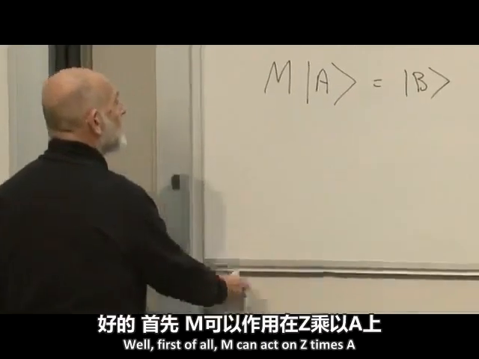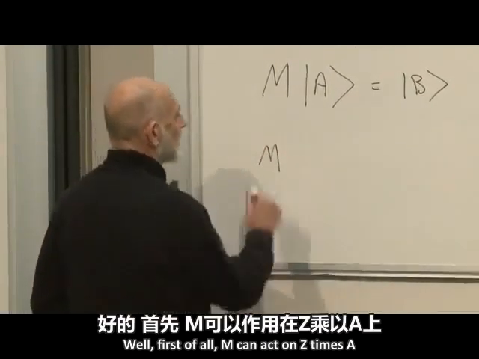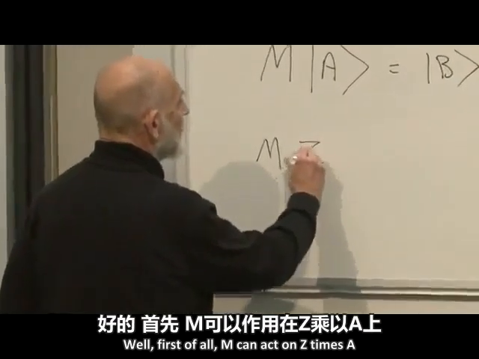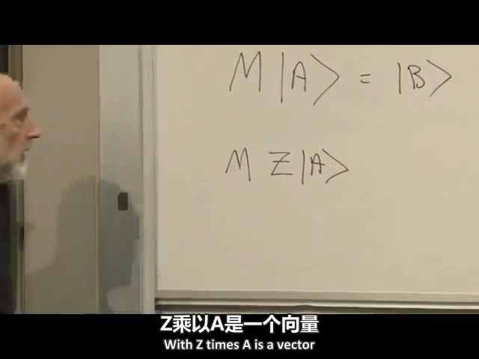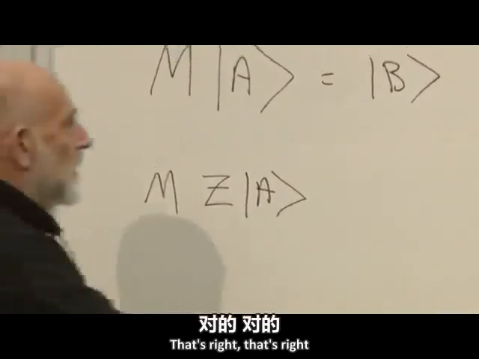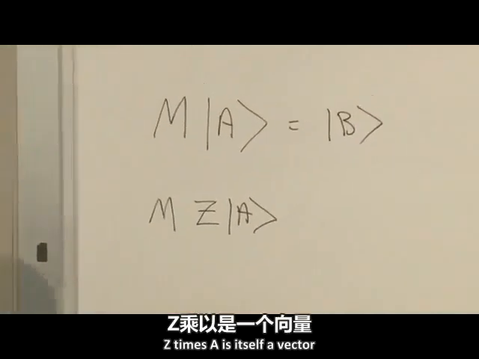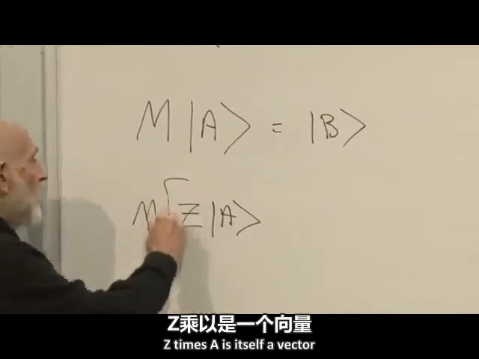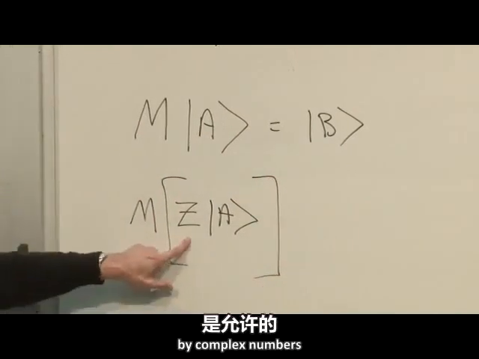Now, what does it mean for M to be a linear operator? Well, first of all, M can act on z times a, where z times a is a vector. Z times a is itself a vector because you're allowed to multiply vectors by complex numbers.